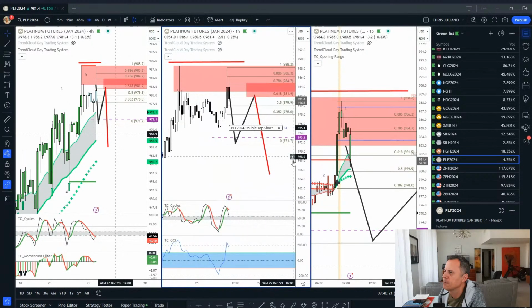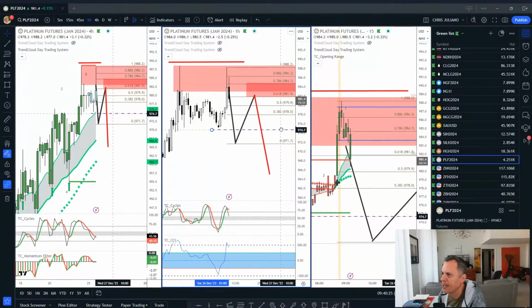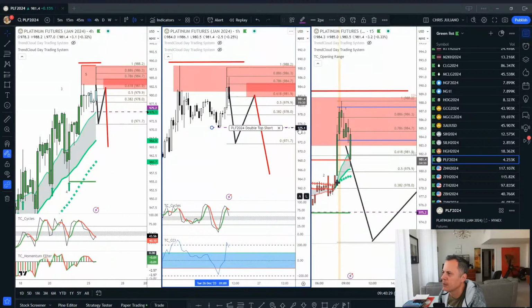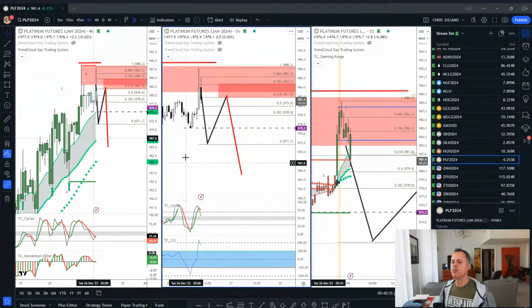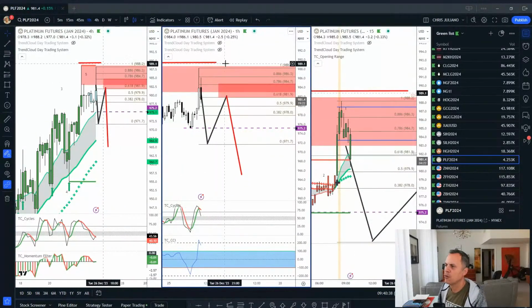I wonder if it did that because I had this line there. Well, we'll just keep that line there. Okay. Well, it cleans up the chart anyway. All right. So that's what we would do there for platinum. That's what we would set up for platinum.